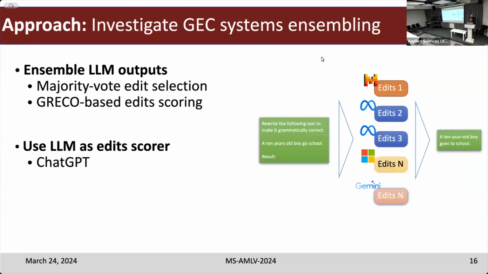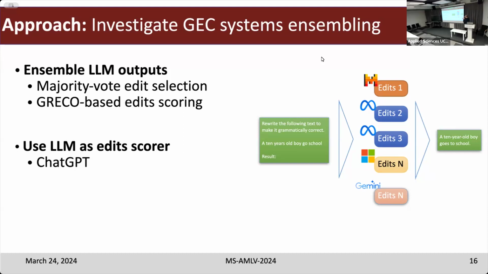And the last thing that we would like to check is the ensembling of the models, and how we can approach this problem. Here we see two things to try. The first is to ensemble just the model outputs and find the best, which is maybe the most straightforward, as was done in previous research with other models.